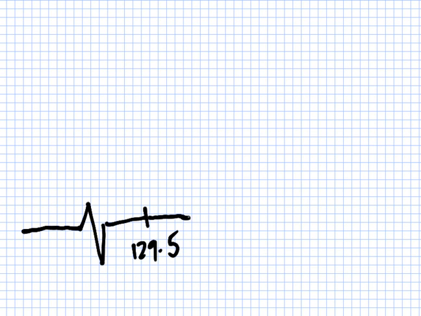So my lower starts at what value? 129. So I don't start at 0, I skip a little bit, and I start at 129.5. And then what's my last upper? 169.5.